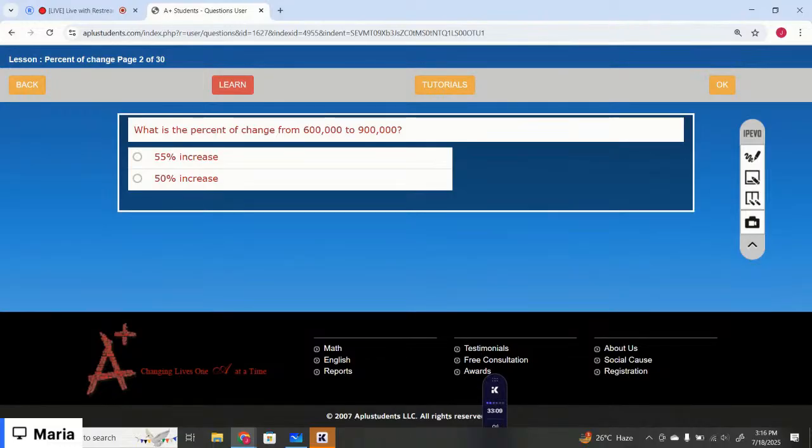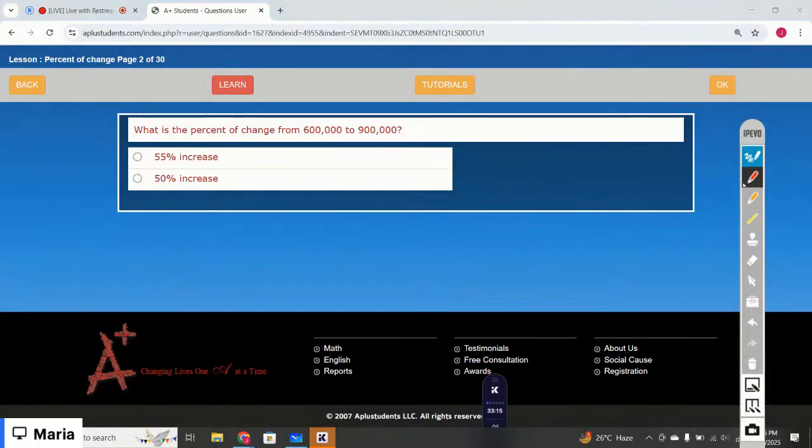What is the percentage change from 600,000 to 900,000? So let's just calculate the percentage. So the percentage of change is amount of change divided by the original amount. So 600,000 minus 900,000 is minus 300,000, divided by the original amount, that is 600,000.